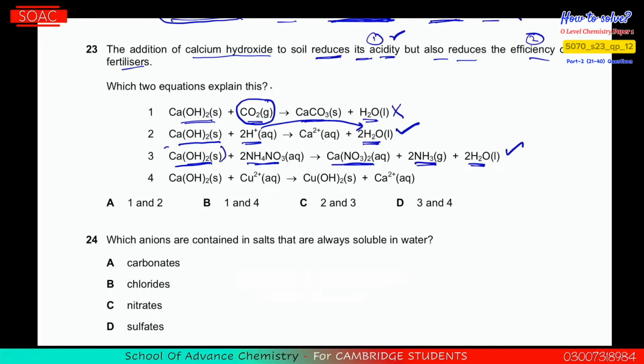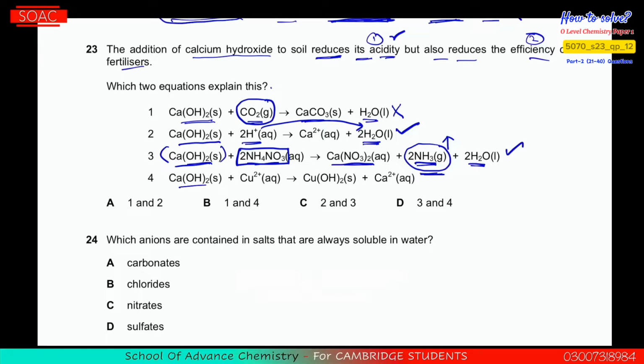Ammonium nitrate is a basic source of nitrogen, and here ammonia gas is being formed, so the nitrogen content is going to be lost. So the efficiency of the fertilizer is reduced. Yes, so 2 and 3 are correct.